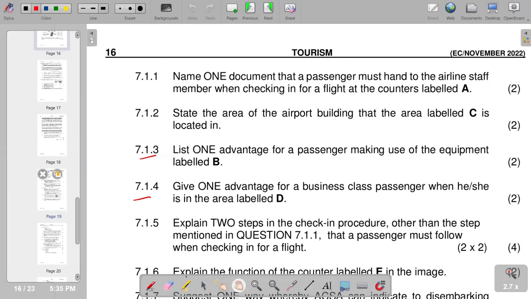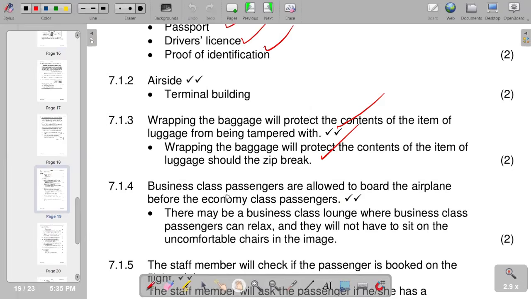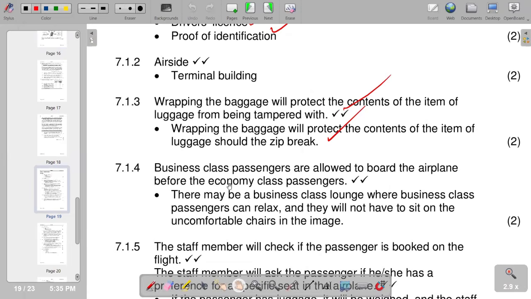Business class passengers are allowed to board the airplane before the economy class passengers. There may also be a business class lounge where business class passengers can relax, and they will not have to sit on the uncomfortable chairs in the image. That is the advantage.